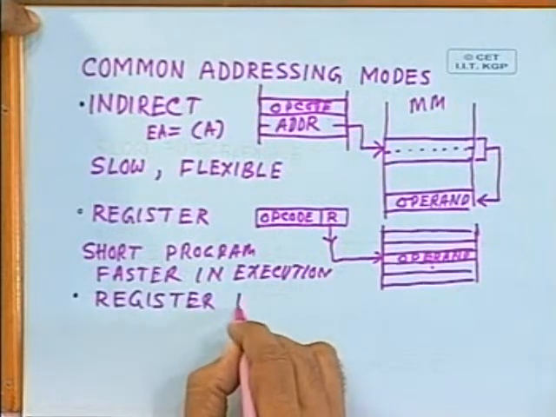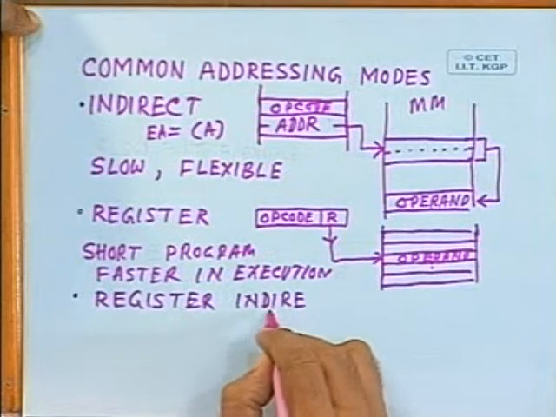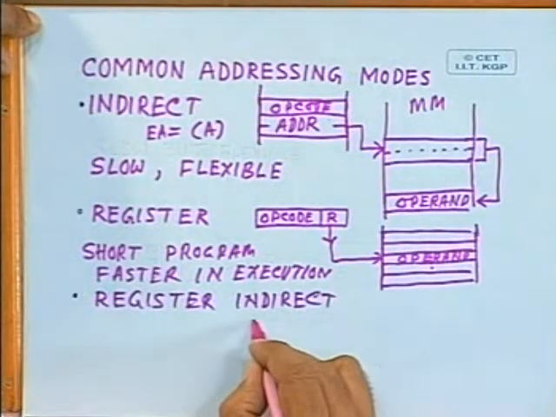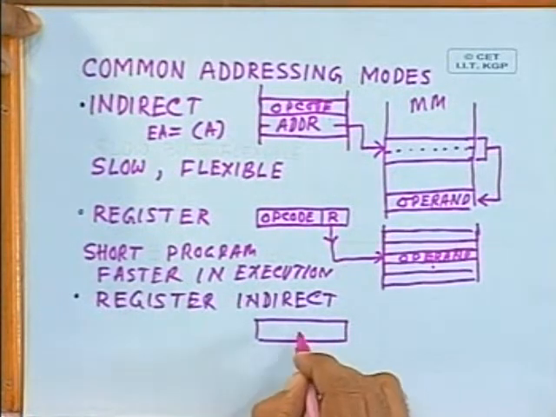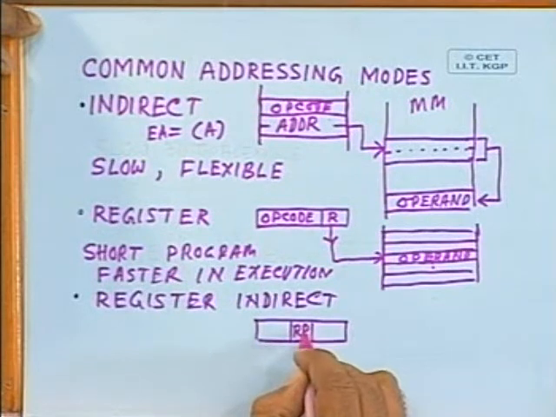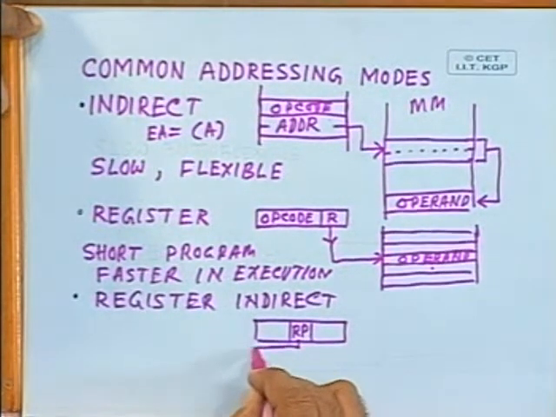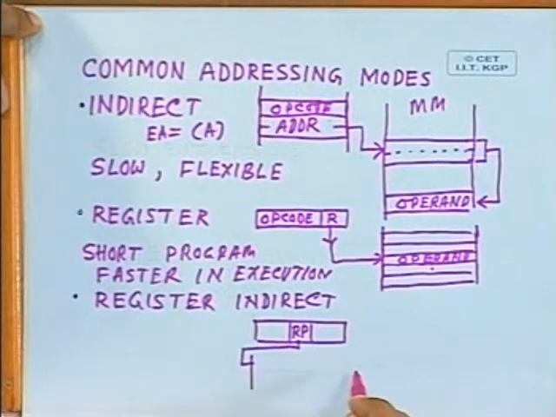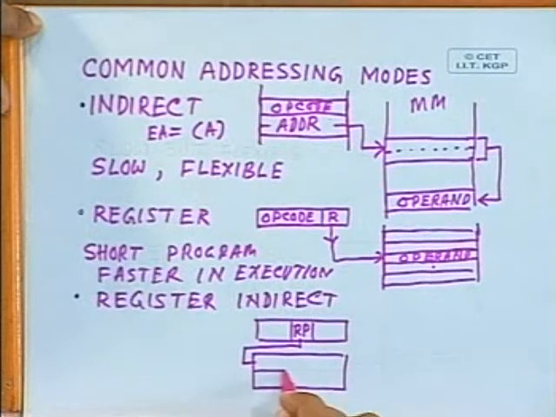In register indirect mode of addressing, what you do, you give the address of the register as part of the opcode itself, and that points to, you may have more than one such registers. For example, register pair.